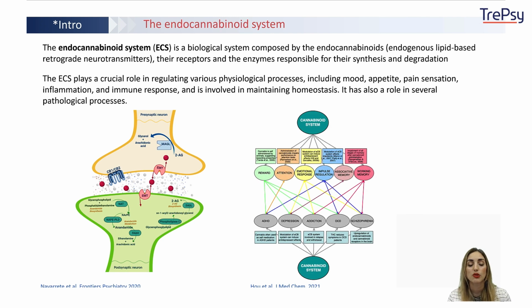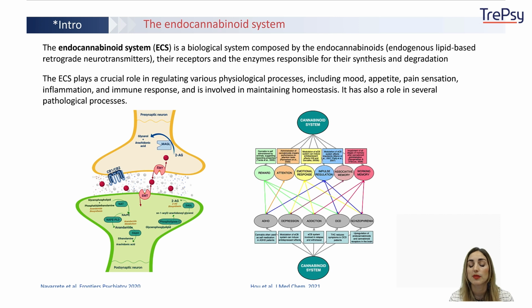What is important to stress is that the endocannabinoid system plays a crucial role in regulating various physiological processes, including mood, appetite, pain sensation, inflammation, and immune response, but is also involved in several pathological processes. This picture on the right is from a recent review in which the involvement of the cannabinoid system in physiological and pathological processes is highlighted.